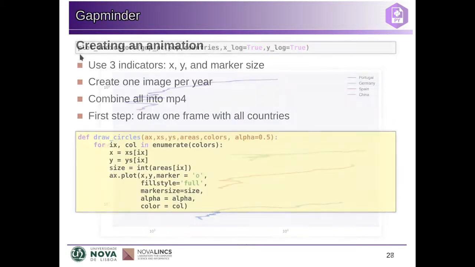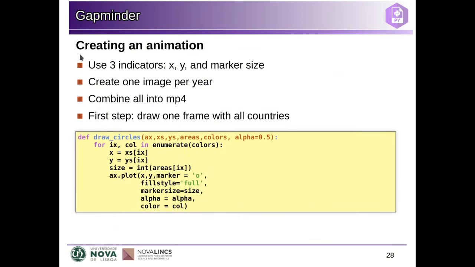Okay, so let's take one step further and create an animation. One way of trying to see how the countries developed over the years is to look at a time series as an animation. So we see one year at a time, and that way we can easily use three indicators at the same time.